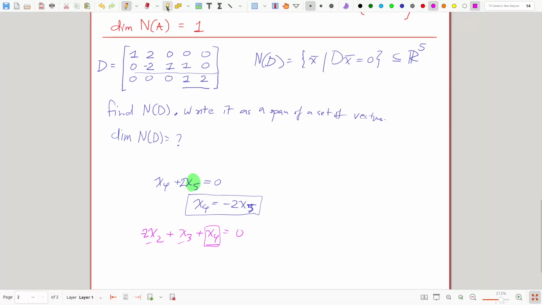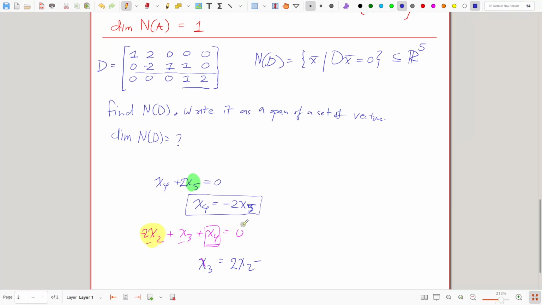If I pick x2, I can solve for x3, which equals 2x2 minus x4. But x4 is minus 2x5, so I want to get rid of x4 because x4 now depends on x5.